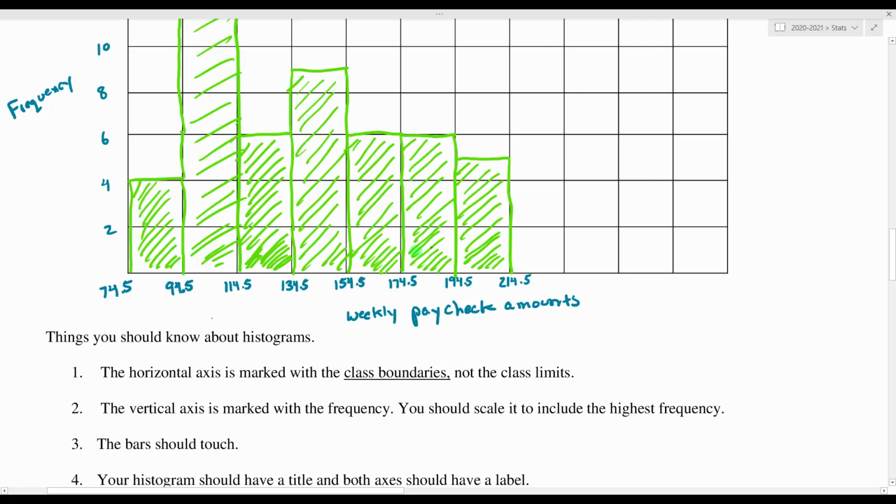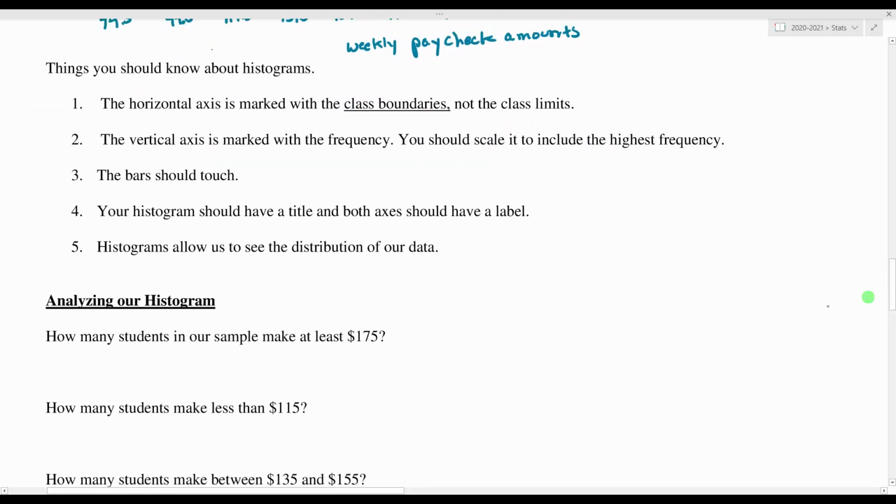So this bar has 175 to 195, right? And then since we want at least, we would also want the number of students in this bar, right? So there's 6 students here in this class and another 5 here in this class. And if I add those 2 bars together, I get 11 students, right? So there's 11 students that make at least $175.